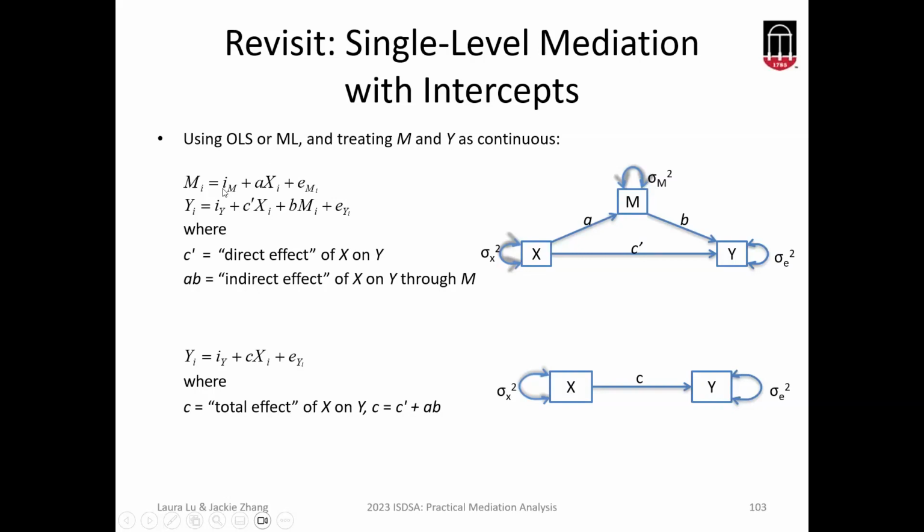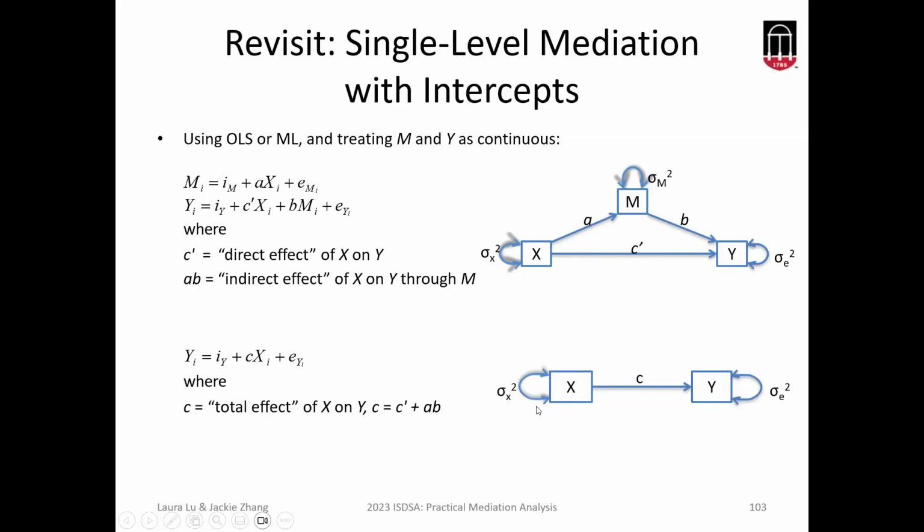Now suppose we have an intercept, or the mean part, for each equation, then the two equations become this. M here, the mediator, has the intercept and the A times B, and of course the residual of M. And the equation of Y becomes this by adding the intercept of Y. Of course, we have the residual term here. And C prime is still the direct effect, and the indirect effect is A times B.